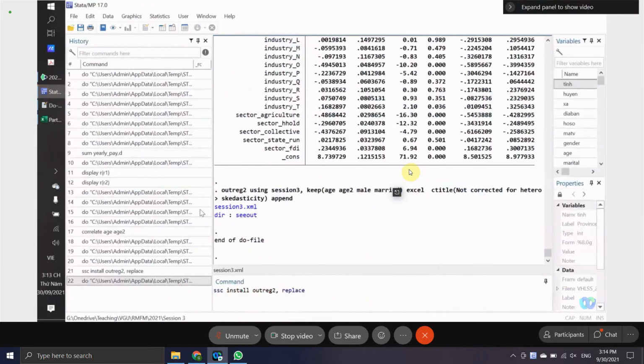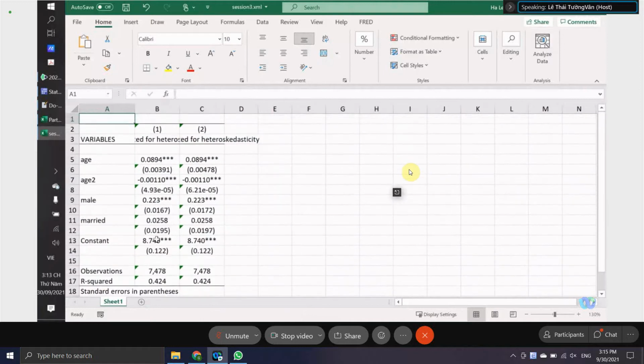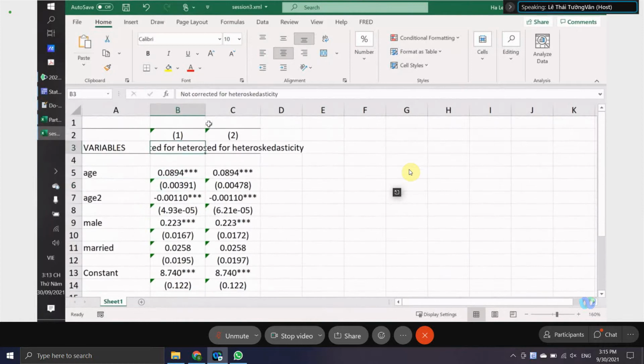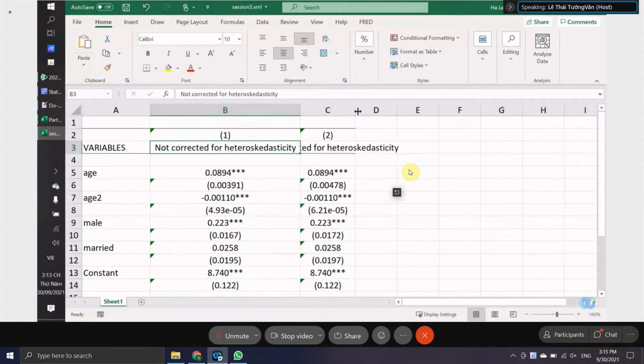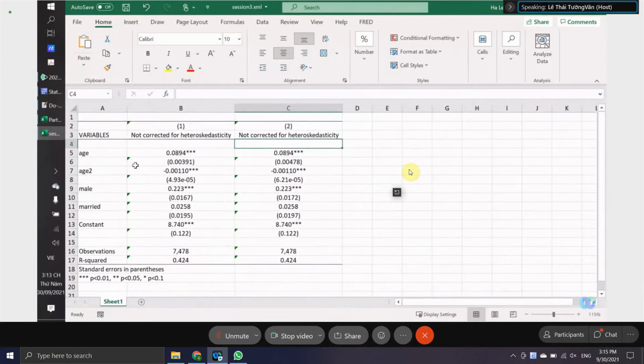So this is what I would get: an XML file that gives me the coefficient, then the standard error, and you will see that this one is not corrected for heteroscedasticity, and this one is corrected for heteroscedasticity.